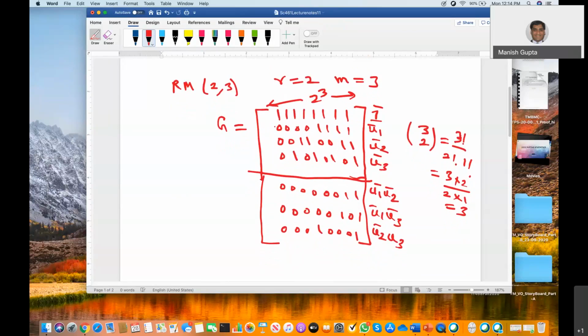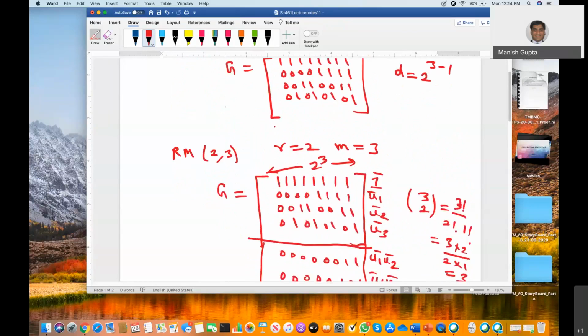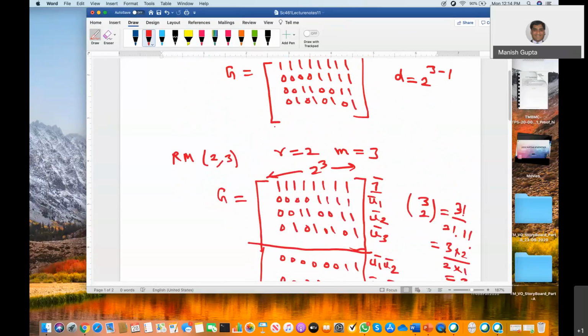Okay, so now there is one very basic thing that you can observe by looking at this matrix and this matrix, that RM(1,3) and RM(2,3) are connected to each other, because this matrix is part of it, right?